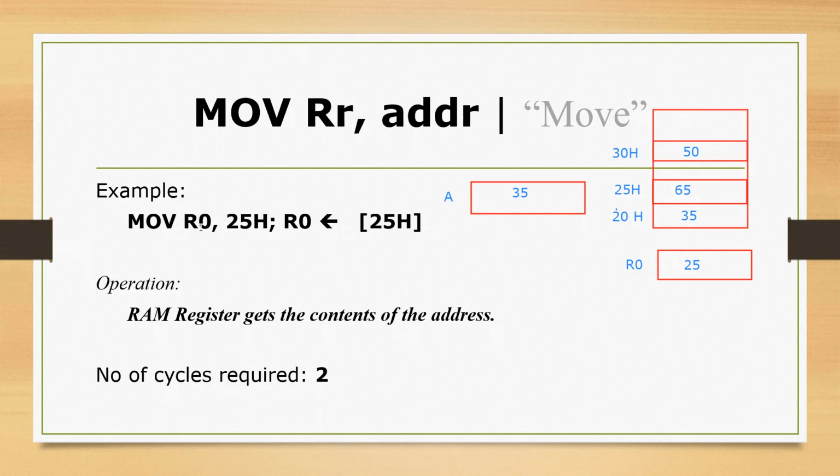So here the destination is R0 and the source is 25. The content of the 25 hex memory location is moved to register R0. So the 25 hex memory location contains the value 65, which is copied to register R0.